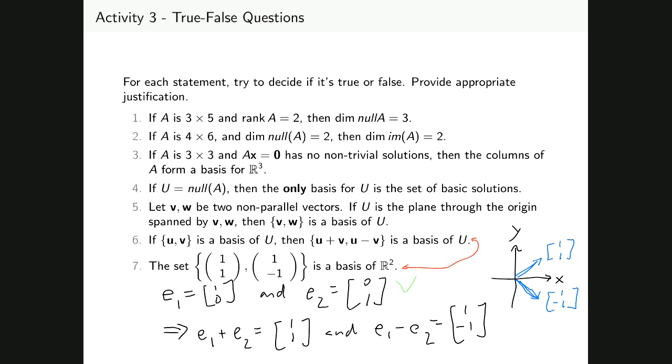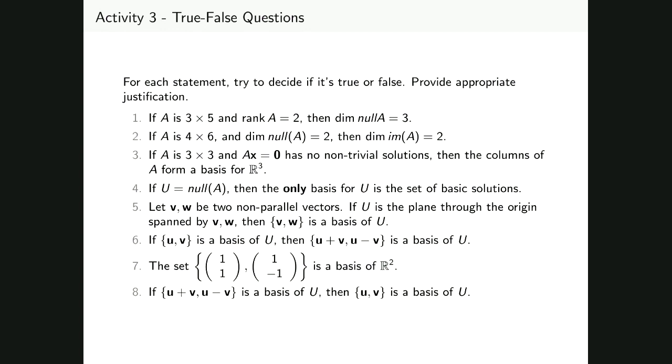Okay, now moving on. This is sort of the reverse of this question. There's a relationship there, and here we can get away by noting, just as before, that these span the exact same space.